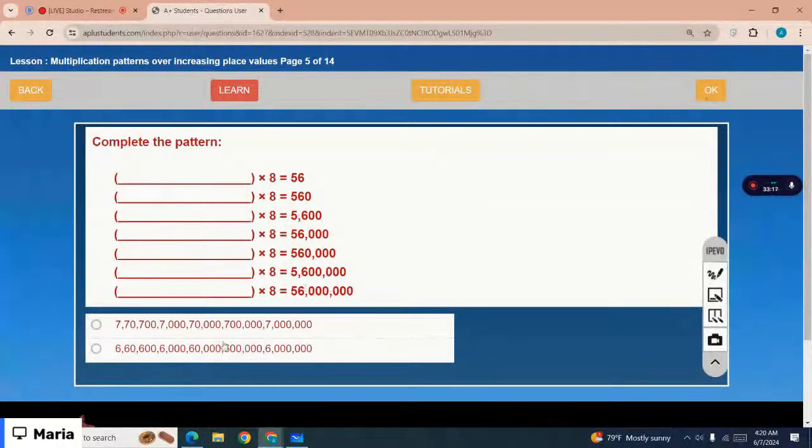It is 8 times 7 is 56. 8 times 70 is 560 and so on.